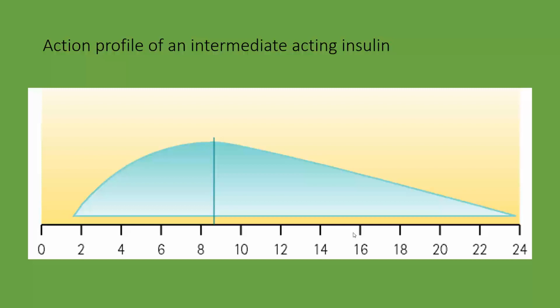So these are also prone to give hypoglycemia. But generally, they work for about 12 hours. So usually, these insulins, Insulatard, Humulin I, Insuman Basal, or Hipurin Isophane, we would use twice a day, with or without mealtime short-acting insulin.